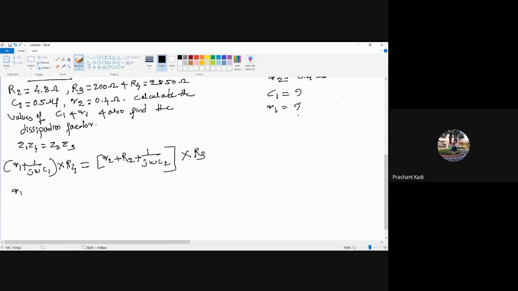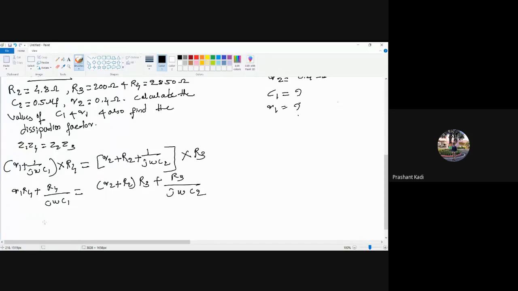So R1 R4 plus R4 divided by j omega C1 equals small r2 plus capital R2 into capital R3 plus R3 divided by j omega C2, right?